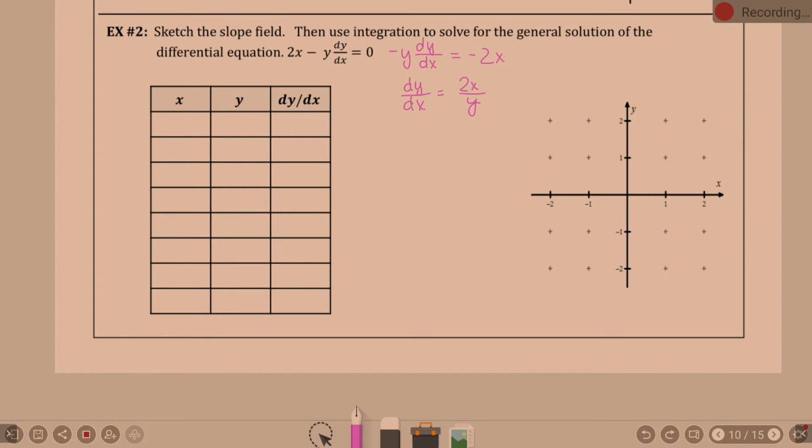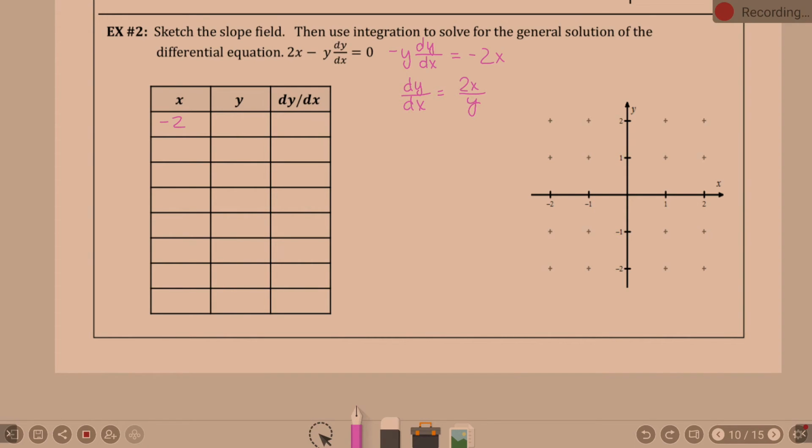Okay. Now, this is a situation where there's a lot of different x, y pairs we could put in our chart. I'll probably end up expanding my chart a little bit more, and some of it we can do in our head and not necessarily talk about. But let's see, where do I want to start? Let's just start with negative 2.